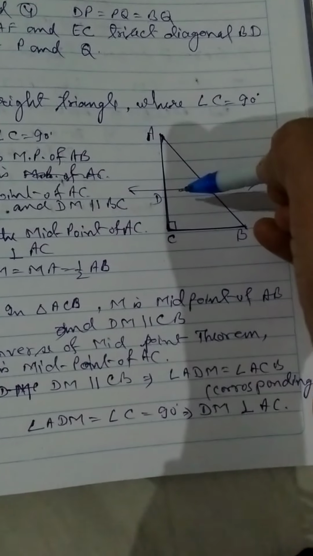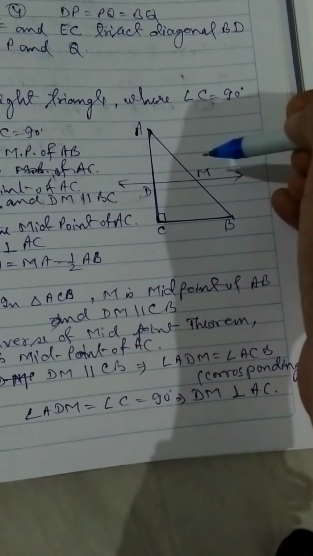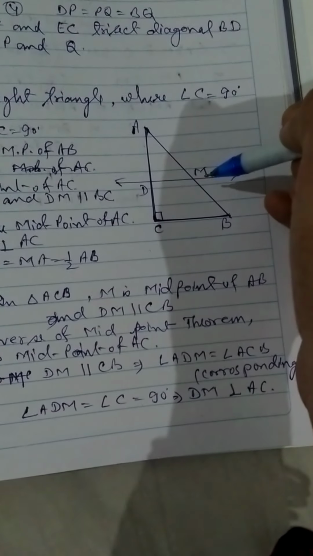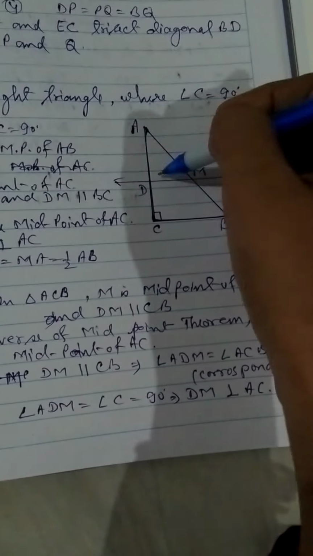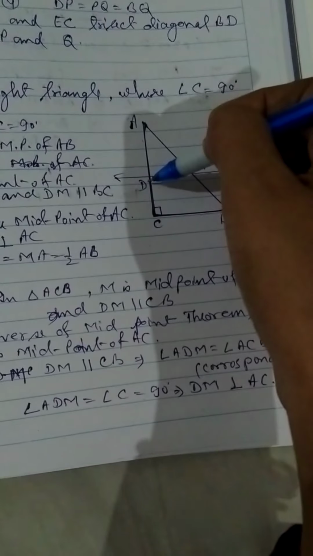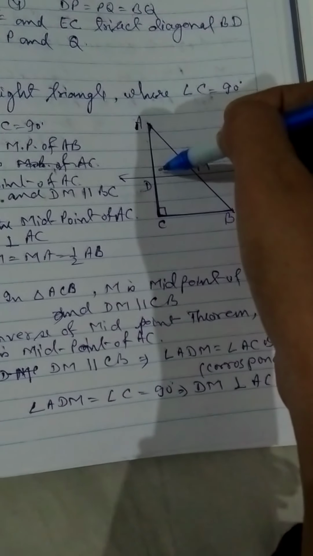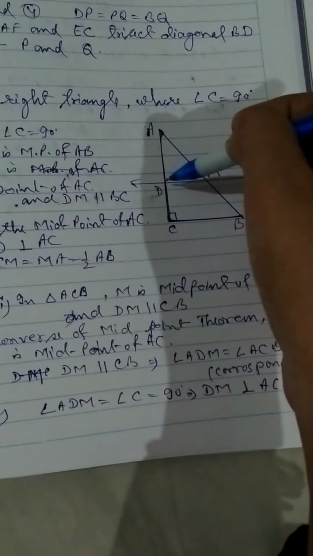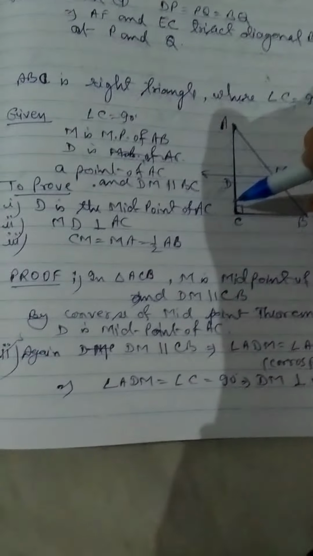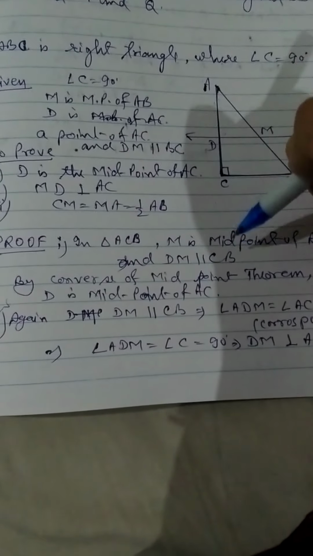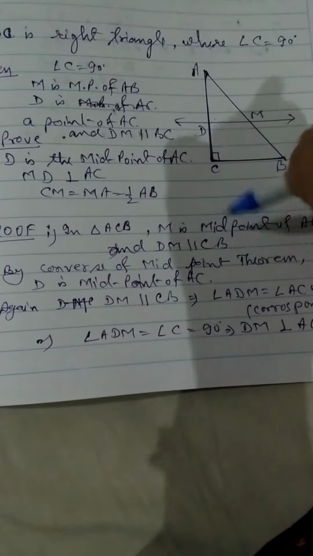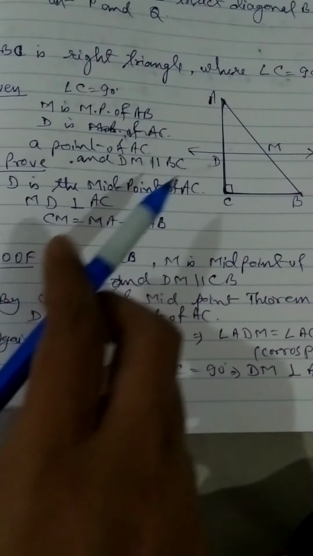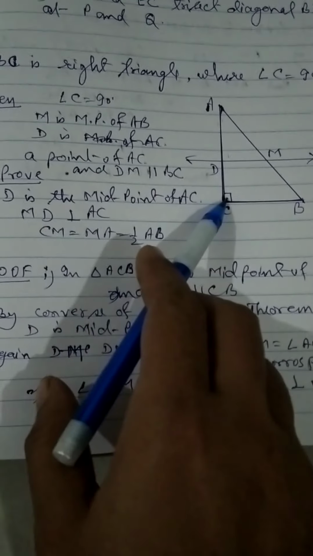You must know that the converse of the midpoint theorem states that if a line is drawn through the midpoint of one of the sides and parallel to another side, then it will cut the third side at its midpoint. So clearly, as the result follows, D is the midpoint of AC. Just by naming the converse of the midpoint theorem, you can directly write D is the midpoint of AC.